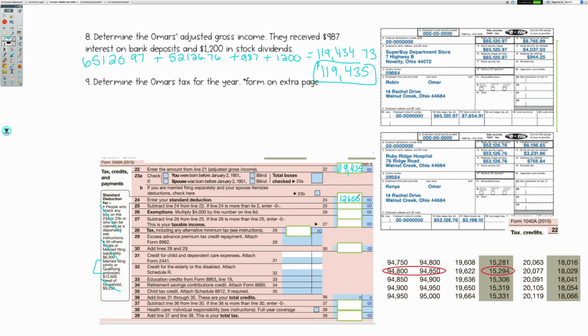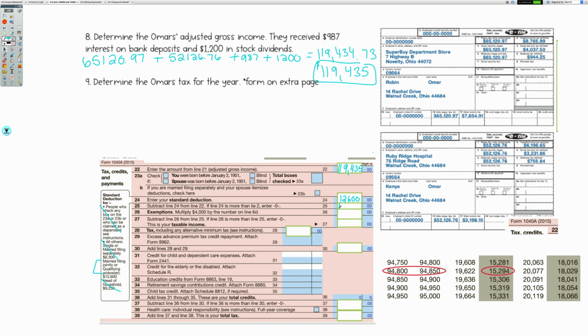Line 25 says we're going to subtract line 24 from 22. So we're just subtracting this from our income. 119,435, take away 12,600.